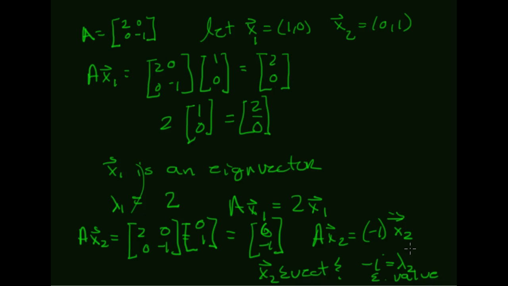Okay, so we get an idea of what these things are, right? And in all honesty, this matrix A actually only has two eigenvalues. It has an eigenvalue of 2 and an eigenvalue of negative 1. However, these eigenvectors are not the only eigenvectors. Let's dig a little bit deeper here.